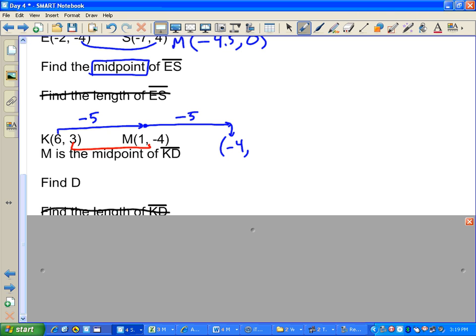To get from 3 to -4, I subtracted 7. If I subtract 7 more, I'm going to be at -11. That's my other endpoint. So in this case, since I'm looking for the other endpoint of KD, this would be point D.